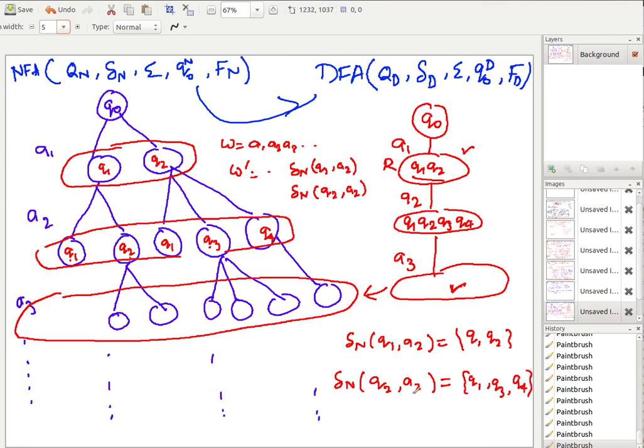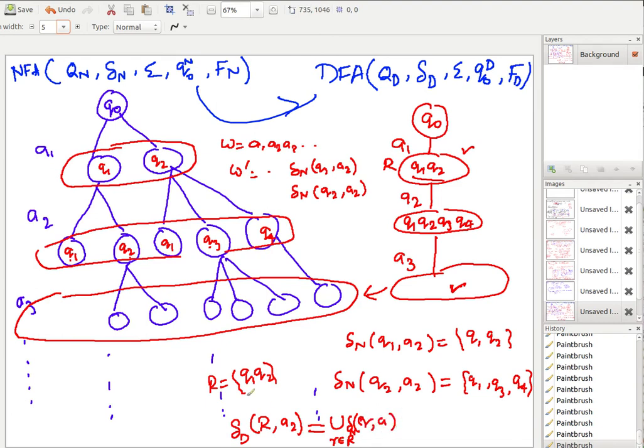So R is basically Q1, Q2. When you try to find on the DFA what the next state will be, R on A, you can write it as the union, for all elements of R, of how that element moves on A in the non-deterministic machine.